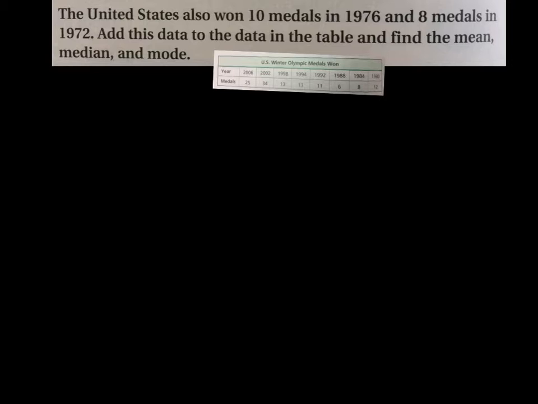So let's do the same thing that we did last time. Well, actually, I already know that all of that adds up to 122. And then I need to add in 8 and 10. So I'll add in 18. So there I'd get 140.